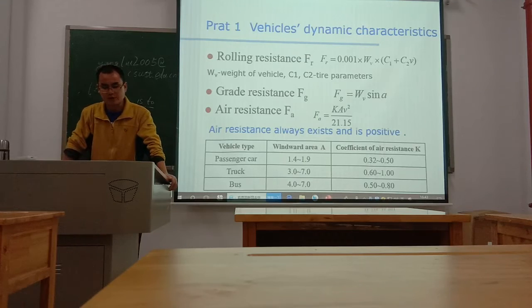Grade resistance Fg is equal to Wb multiplied by sine alpha. Alpha is the slope angle, or grade angle.